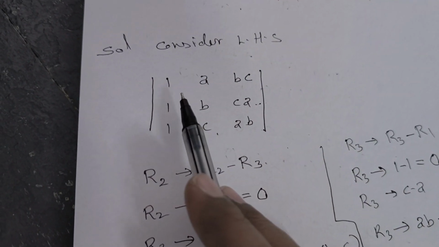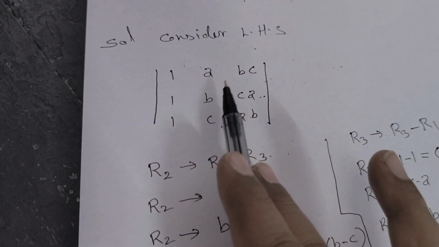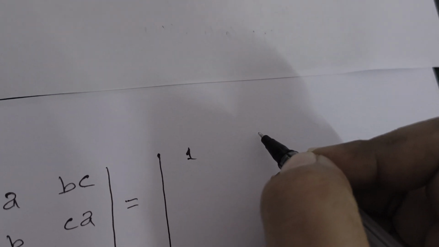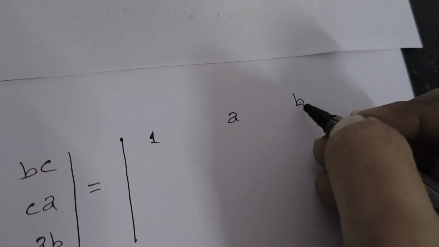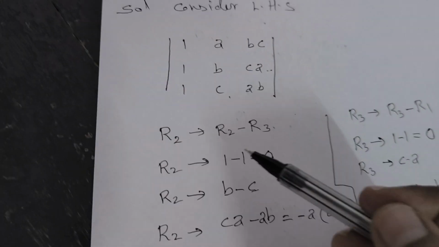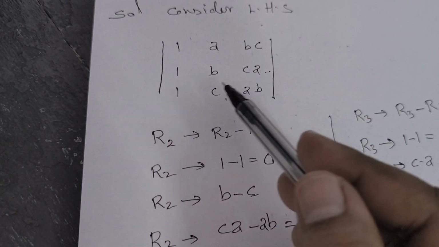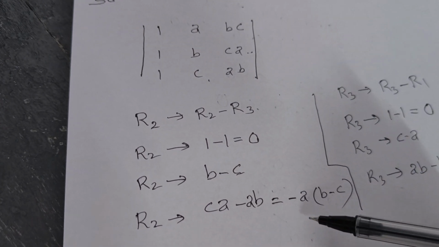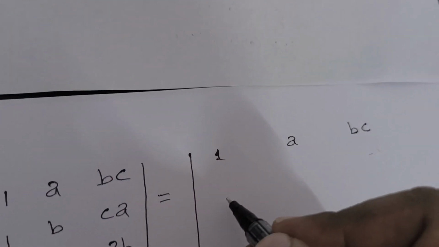On the right hand side, first row as it is, 1 a bc. In place of the second row we will write 0, b minus c, minus a into b minus c.